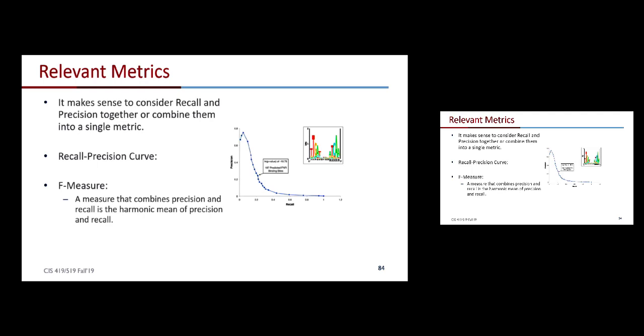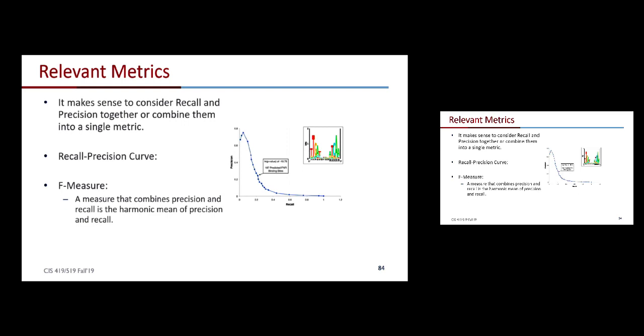So without the details of this curve that I show here, what's important to realize is that there's a trade-off between precision and recall. All right? So if you allow yourself to have very low recall, the chances that you'll have high precision are high. On the other hand, as your recall grows, your precision is going to go down. And you may want to care about some kind of a balance between these two.